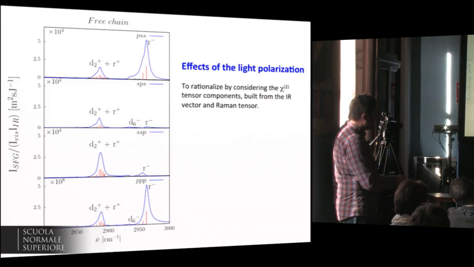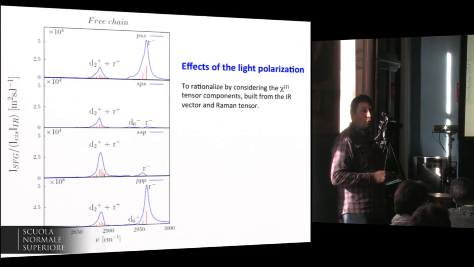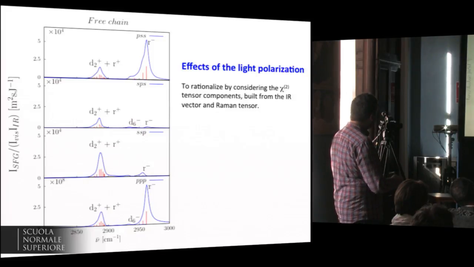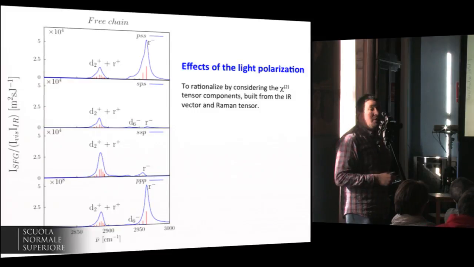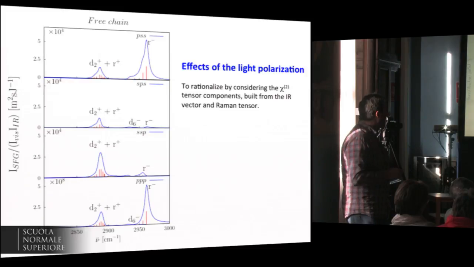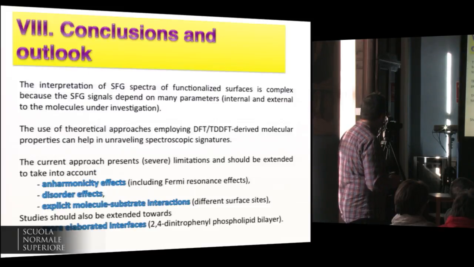Experimentally, only this one is available. You see that when you go from PPP to SSP or the other ones, you have a decrease of the intensity by about 4 orders of magnitude. And the change of the spectral profile can be related to the Chi2 elements and directly to the Raman tensor and the infrared dipole.